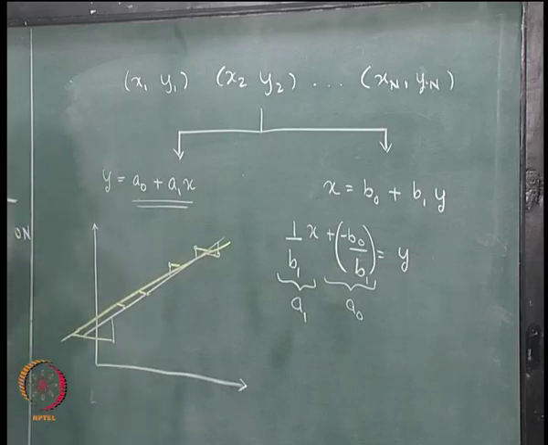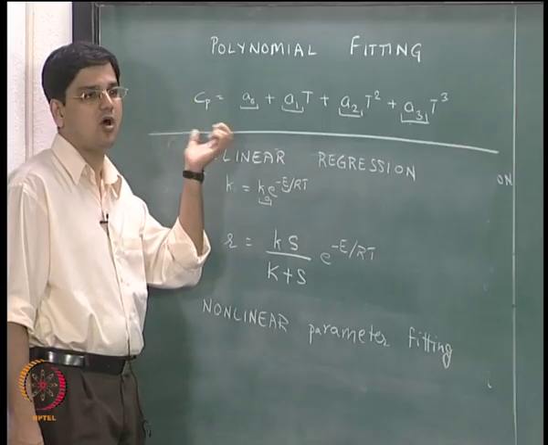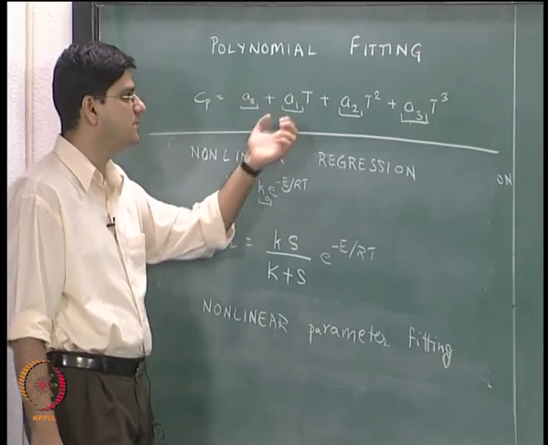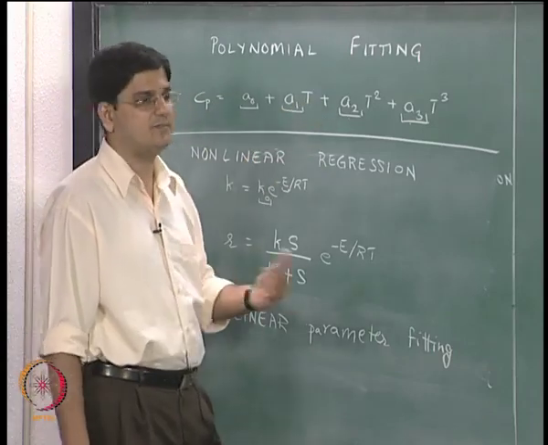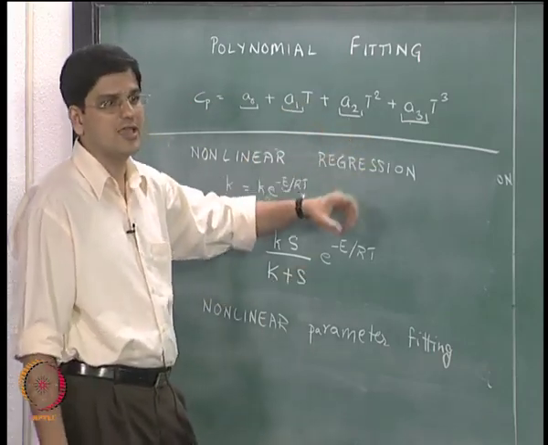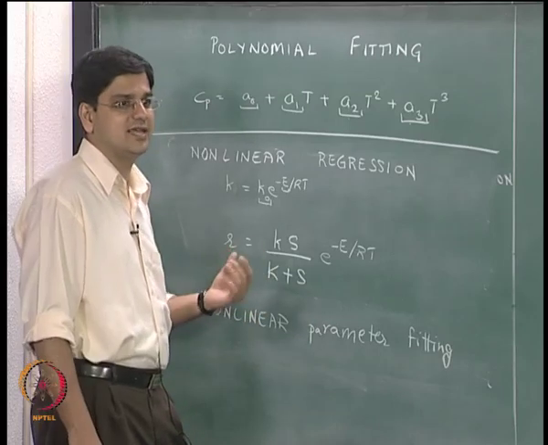For example, if we go back to the example of trying to fit Cp as a polynomial form with respect to temperature, there are errors in measurement of the specific heat Cp, and there are errors in the measurement of temperature. So there are errors both in x and y.